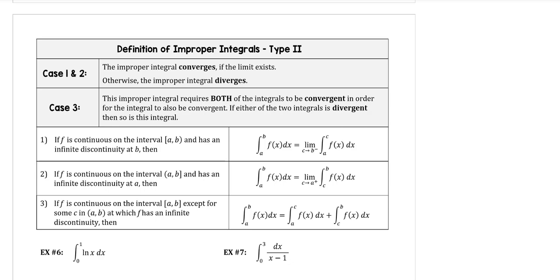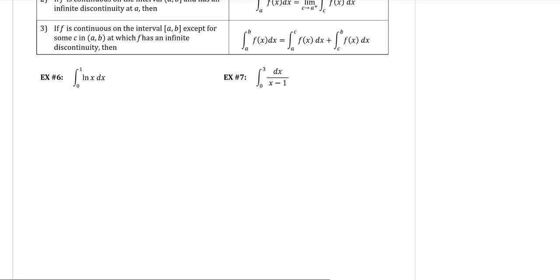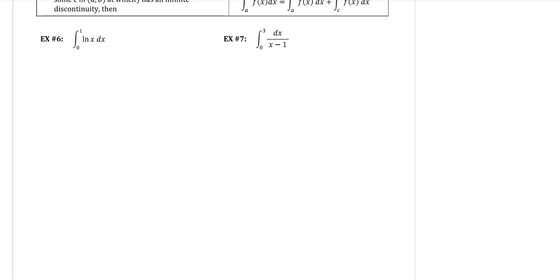Okay, so we're going to be dealing with those. So you want to make sure that you look at the domain of the function. Okay, so I'm going to do one of these, and then I'll leave the other one for you guys to do. And then I will tell you what the answer is, and then we can go over it in class.